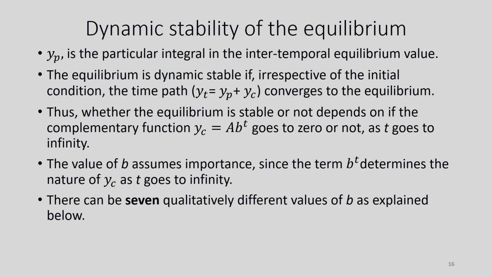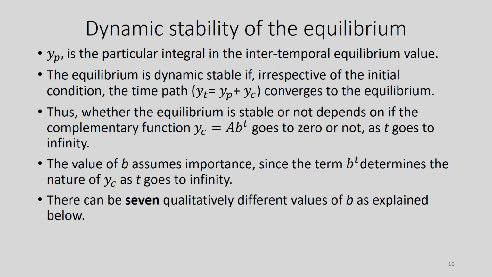Now, the question is, what about the dynamic stability, right? And that is what we were talking about as the last topic of the lecture. So, when we say dynamic stability, what is meant by that is: does y t, which is the complete solution, approach y p, the particular integral?